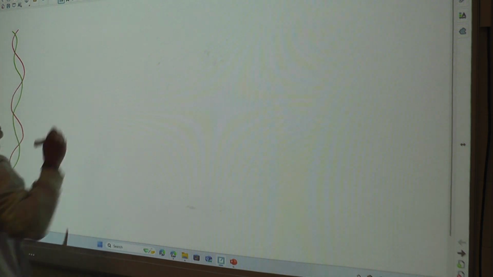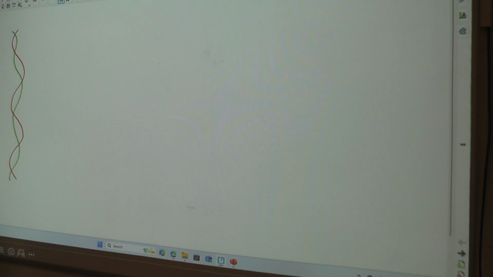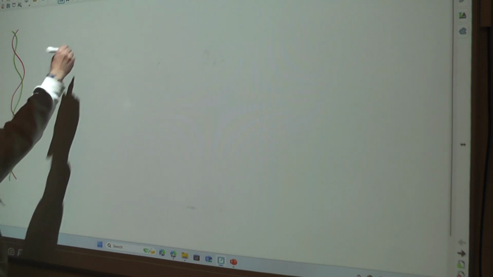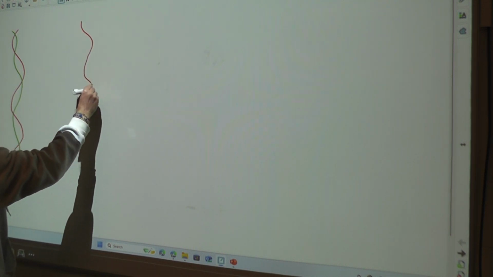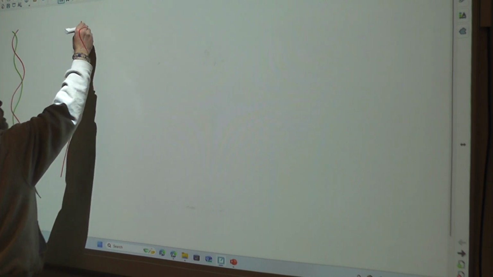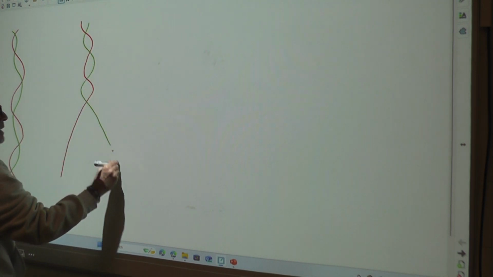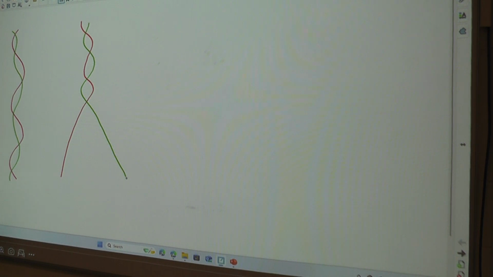When DNA replicates, which is what we talked about last week and a little bit this week, what happens is that these strands separate, and they separate in various places depending on what kind of organism it is, but we typically show it separating on one end, like the bottom or the top. And so both of those strands are still there, but now only part of them are intertwined, and the other part of them are separated and single-stranded.